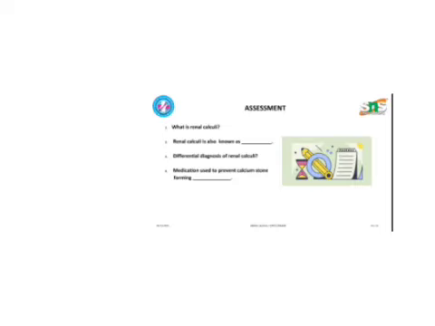A kidney stone is a hard solid mass of material that forms in the kidney from the substance in the urine. Second one, renal calculi is also known as kidney stones. Differential diagnosis of renal calculi: abdominal abscesses, biliary colic, acute epididymitis, gallstones, renal cell carcinoma. Medications used to prevent calcium stone forming: thiazide diuretics.